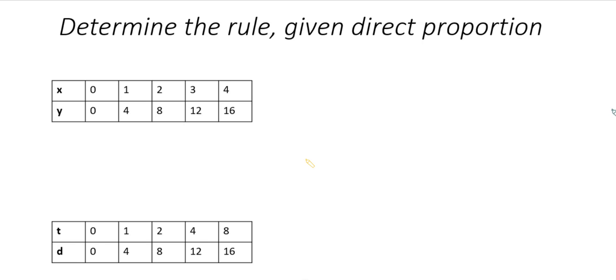All right, so determining the rule given direct proportion. Now we know how to tell, when we see it, whether it looks like direct proportion or not. But how do we determine the rule? Whenever they say given direct proportion, I immediately write down y equals kx.